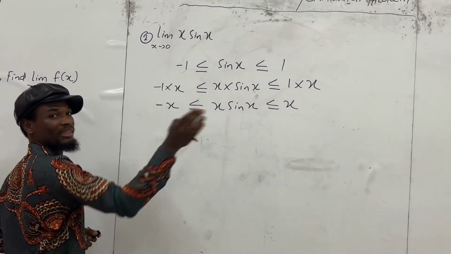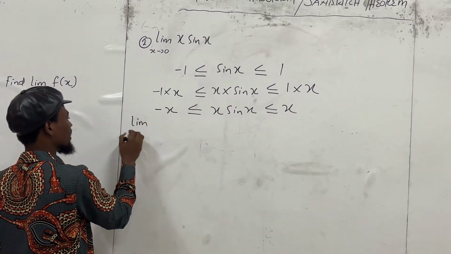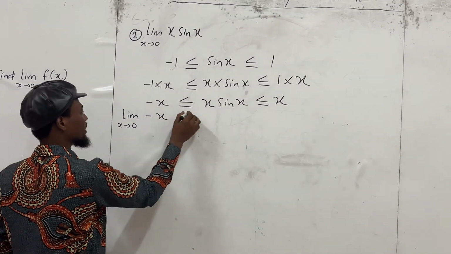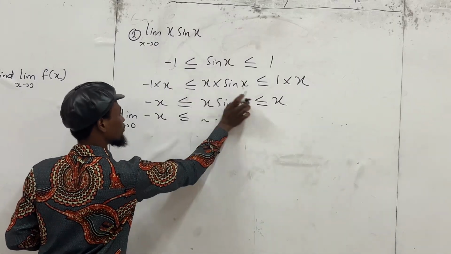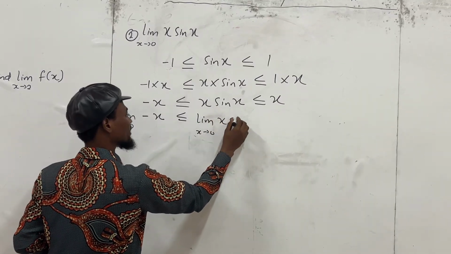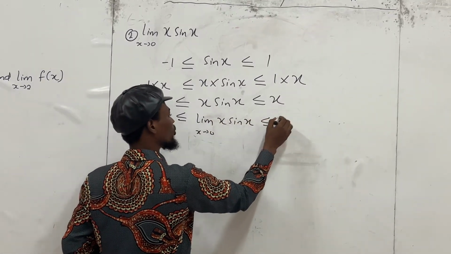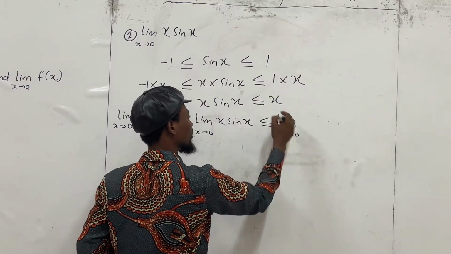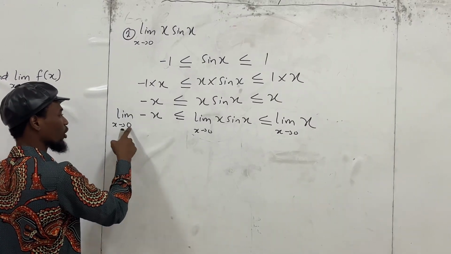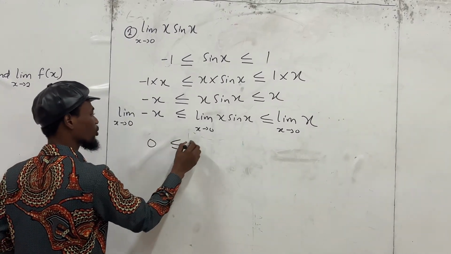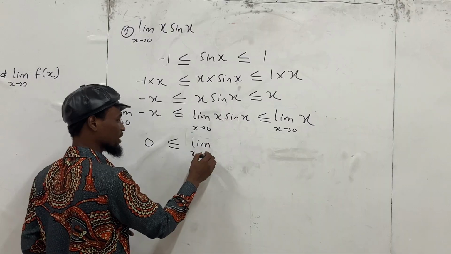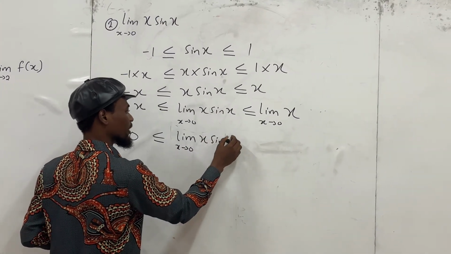So we can now take limits. We have the limit as x approaches 0 of -x less than or equal to the limit as x approaches 0 of x sine x, then less than or equal to the limit as x approaches 0 of x. Using direct substitution, when you plug 0 into this, you have 0 less than or equal to the limit as x approaches 0 of x sine x.